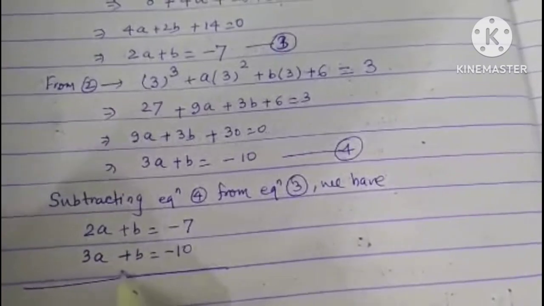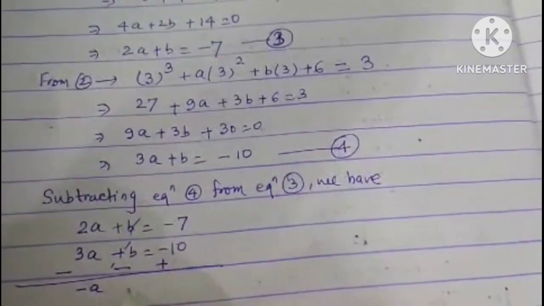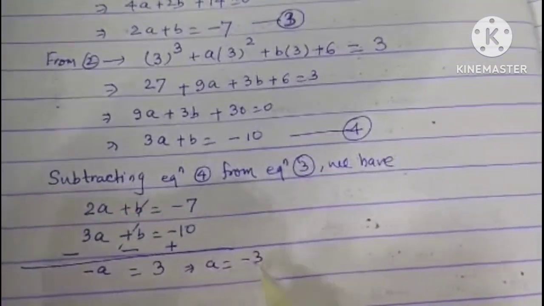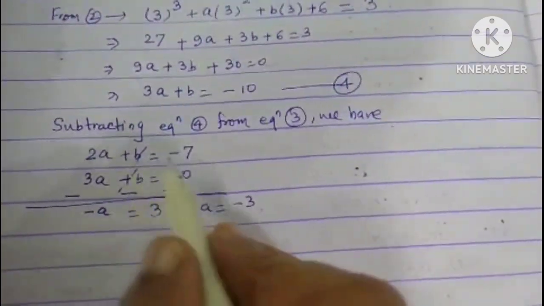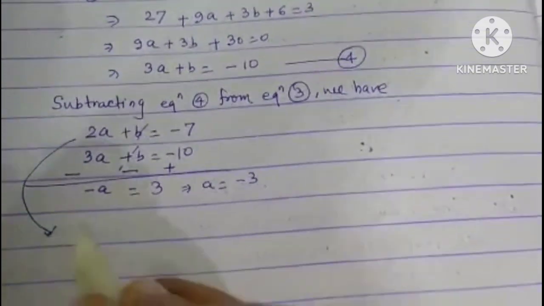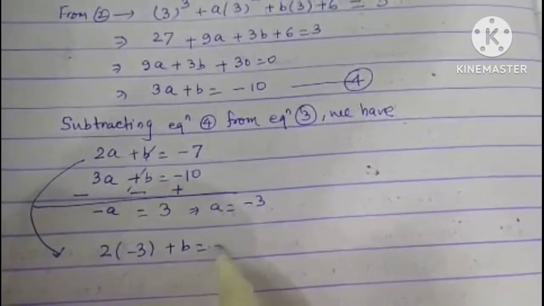Subtracting, we get a equal to minus 3. Now we put a equal to minus 3 in the first equation: 2 into minus 3 plus b equal to minus 7.